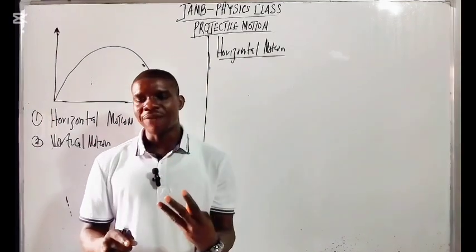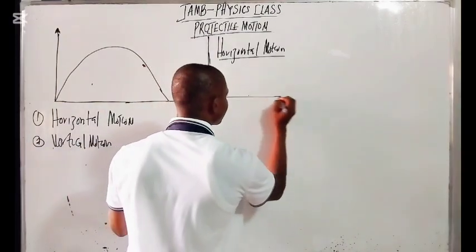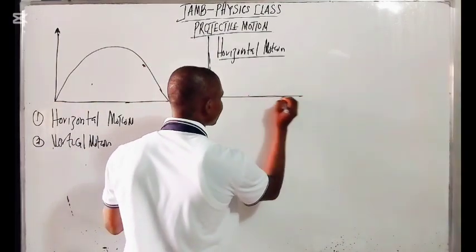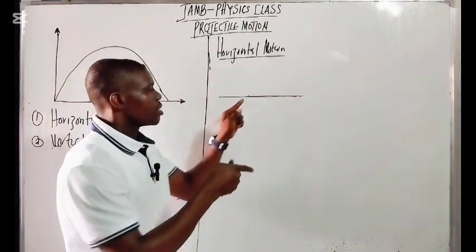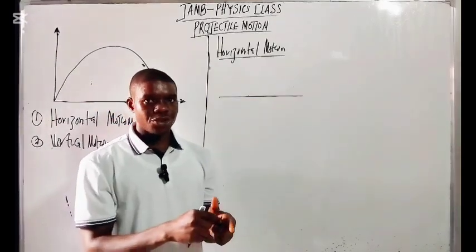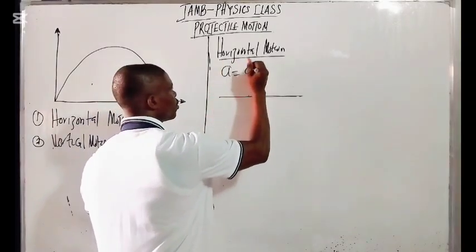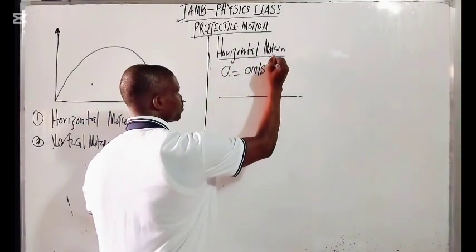Because we're talking about horizontal, that is moving straight like this, the acceleration due to gravity does not actually have an effect on the horizontal part. So what I want you to understand here is that my a is equal to 0 meter per second square.